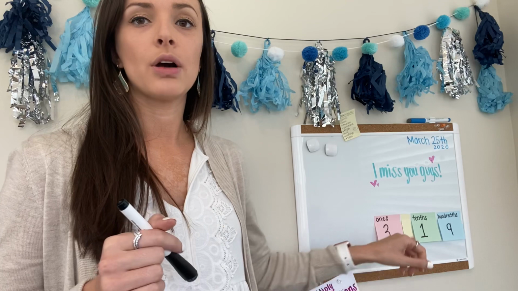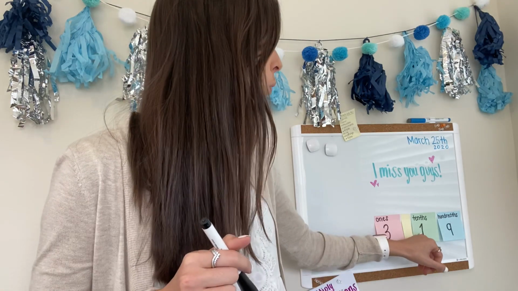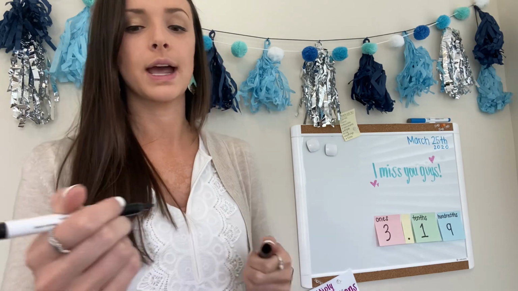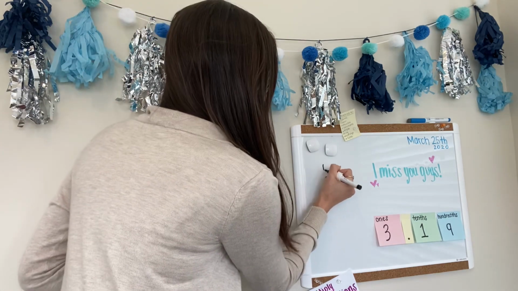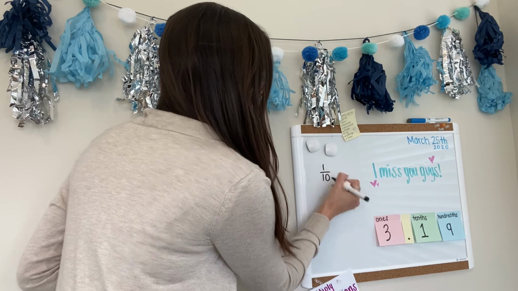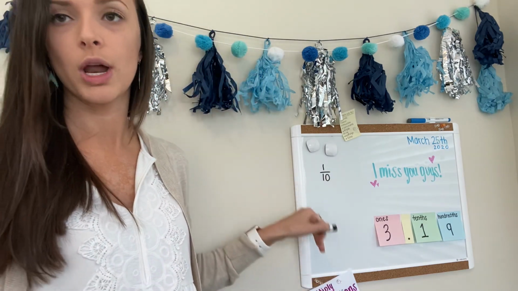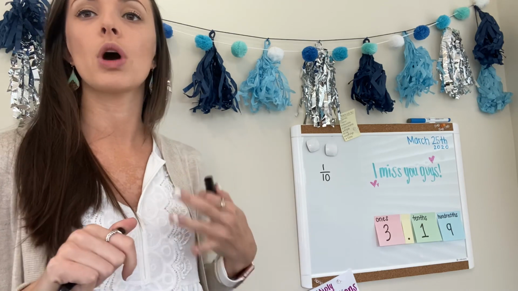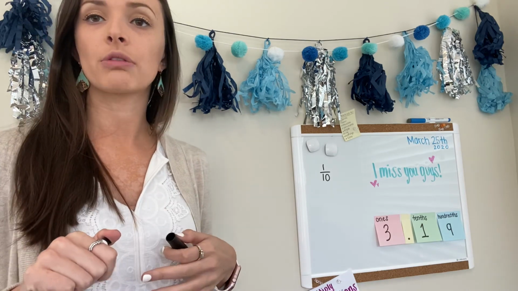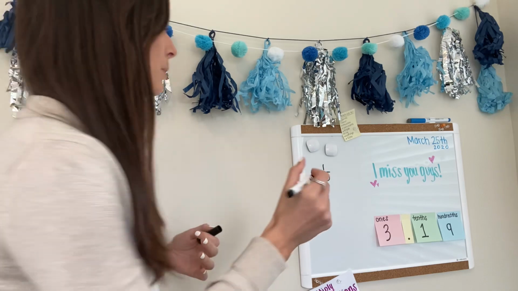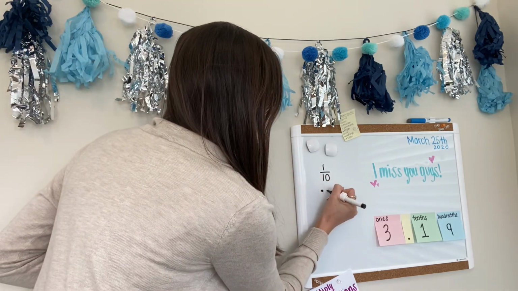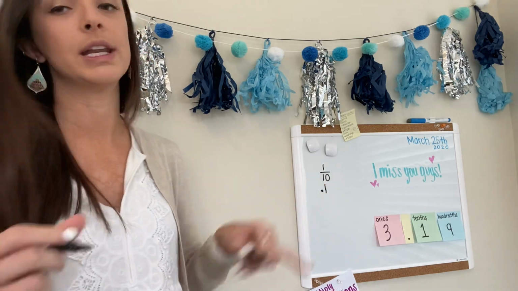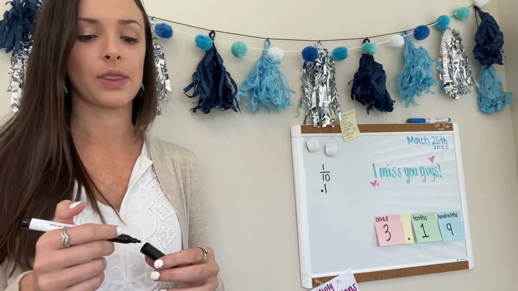So right now, we have 1/10. And just like you guys are thinking, the 1/10 as a fraction would be written with 1 in the numerator and 10 in the denominator. So it's 1/10 or 1 out of 10. If you wanted to write this as a decimal, you would simply write your decimal point and your 1 in the tenths. So you've got 1/10.